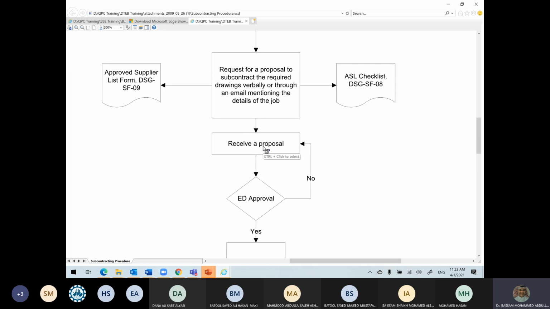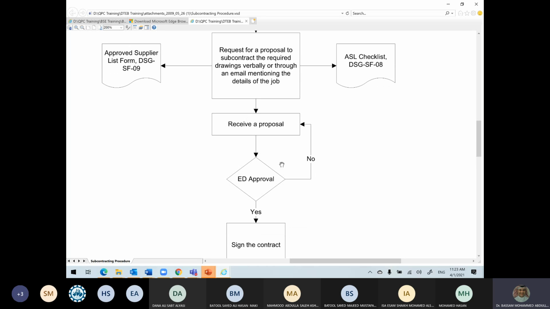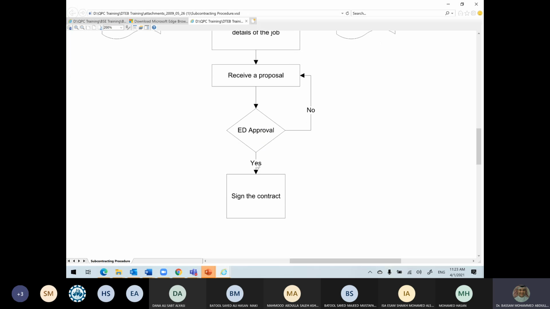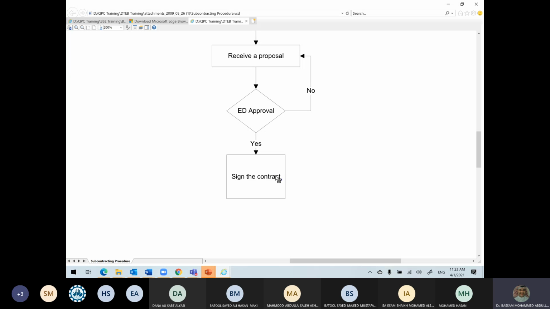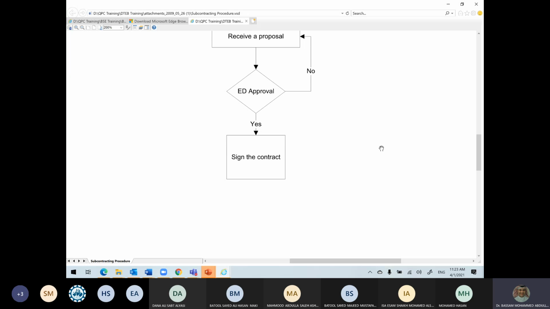And of course, you're going to receive a proposal, and after you receive a proposal, now you need the executive director approval. So this is a decision. If it does not approve it, we're going to, of course, receive another proposal. And of course, if it is approved, yes, then we are going to sign the contract. Okay, now sign the contract is a final process.